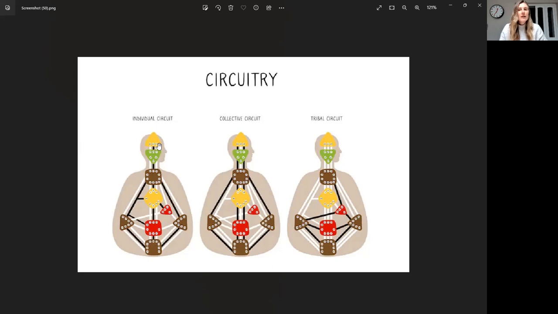The collective circuit or the community circuit is all about the collective, the community, right? You're here to share. That's the word of the collective circuit, to share.